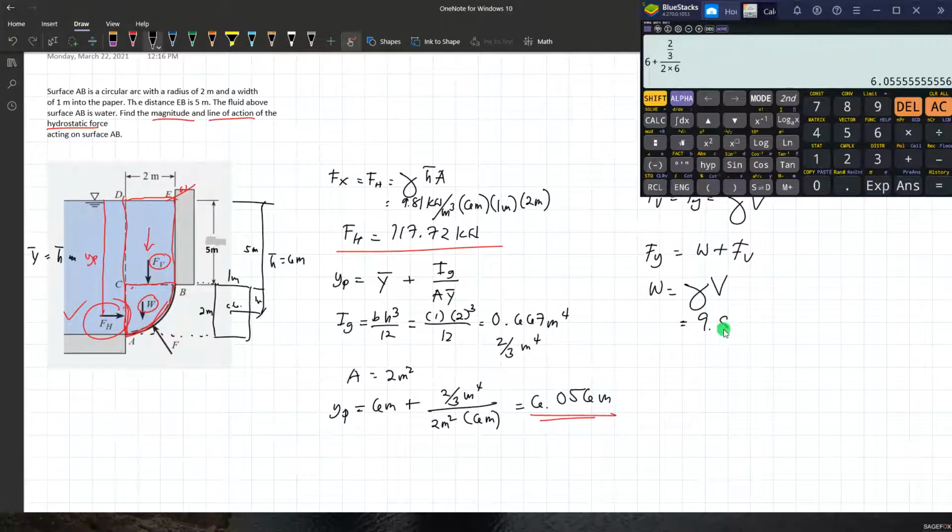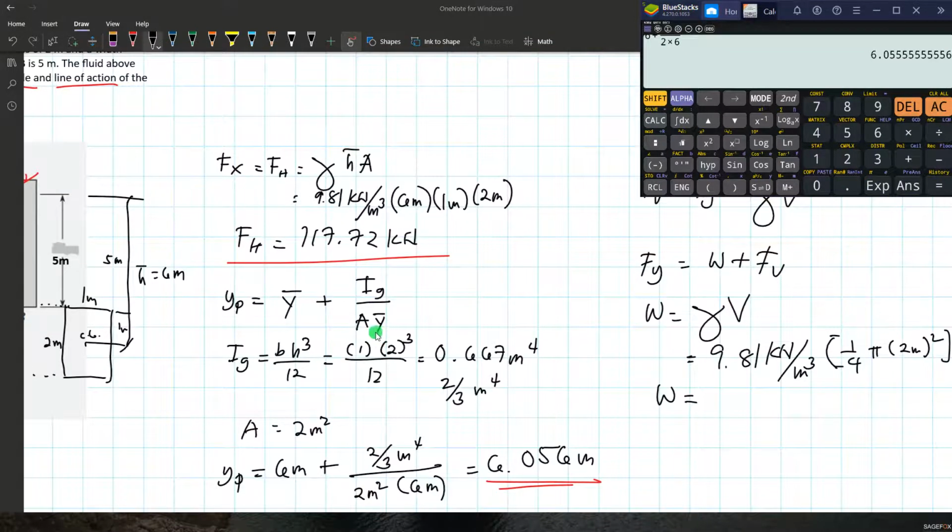So 9.81 kilonewtons per cubic meter multiplied by the area of this quarter circle, one-fourth of pi r squared. So r is 2 meters, squared, multiplied by the width, or this 1 meter. That's W.